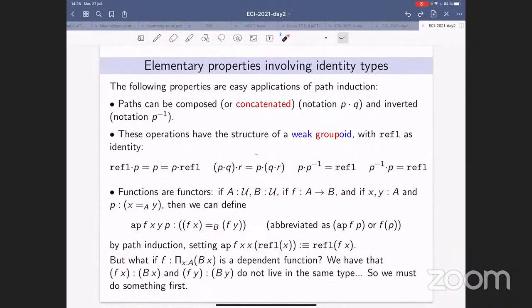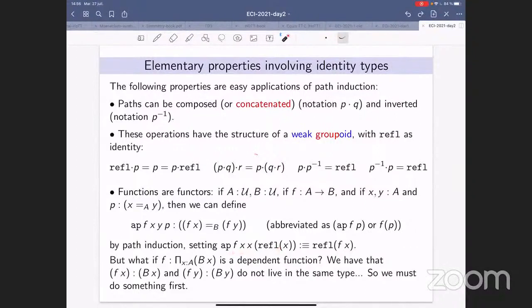Okay, so this is another very simple instance of use of path induction. We want to find this app, but because x, y, and p are all varying, we only need to define this app in the case app f x x refl.